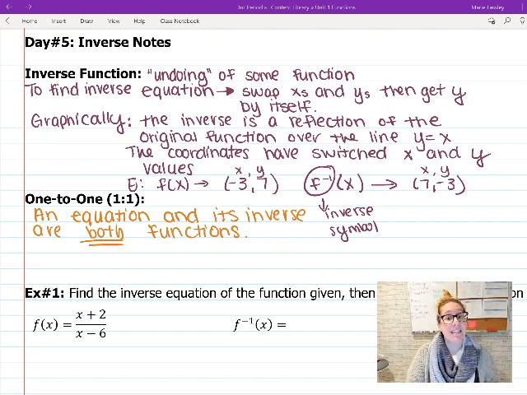Graphically, it's very easy to figure out if a function is one-to-one because it will pass the vertical line test, which we know tells us if something is a function. It will also pass a horizontal line test.